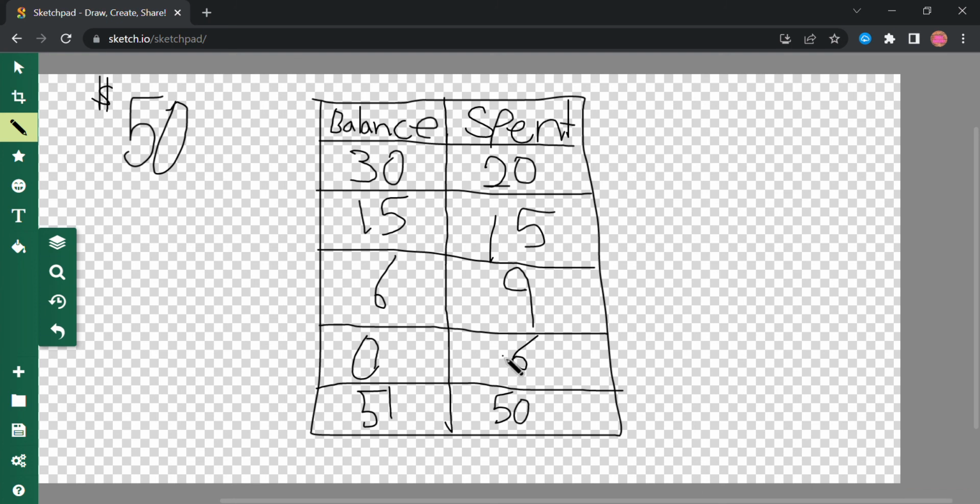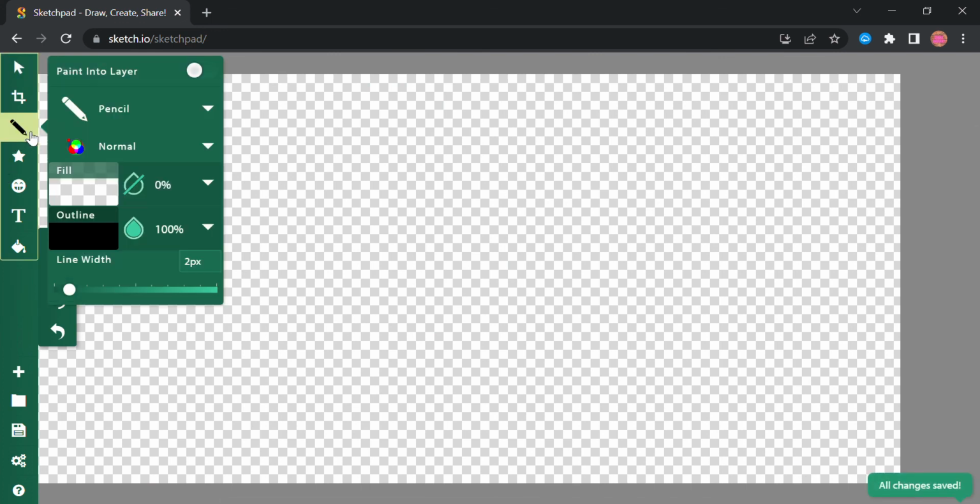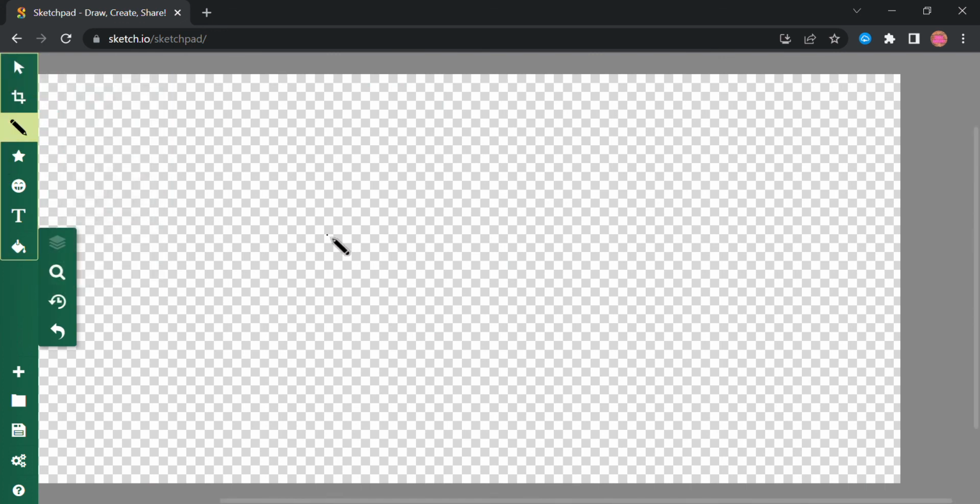So that's a pretty cool trick, if you ask me. It's one way to trick people, especially students. It will get them quite a lot because they're like, well, it should look like that. So let's do another one.